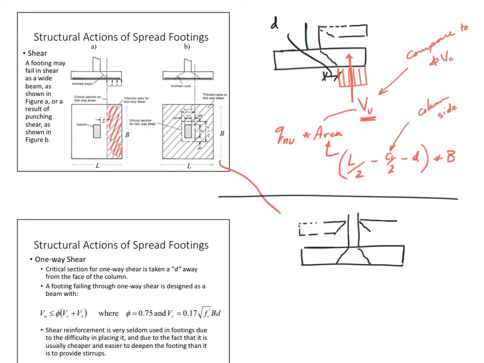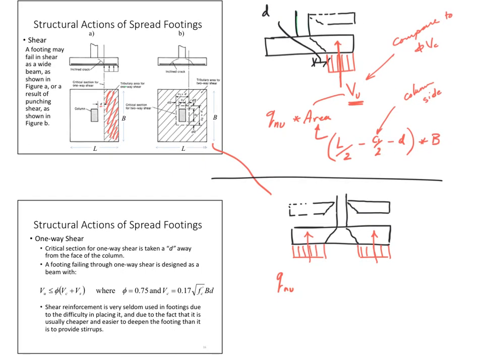So the whole thing breaks off. Now where is the load that caused this? It will be this load. Right? So it is equal to, what is this load here? This whole load. It is equal to Qnu. This is the ultimate net stress underneath, times the area.